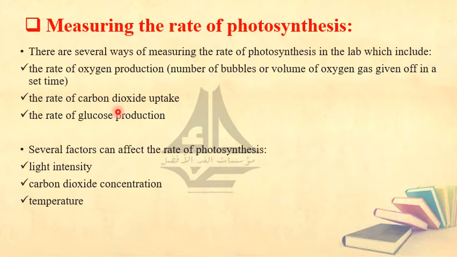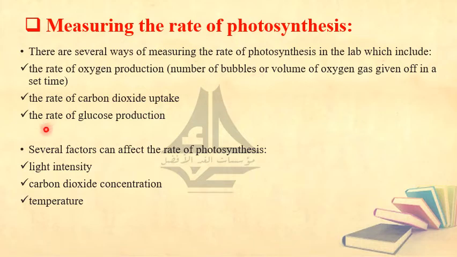You can tell me, since the rate of carbon dioxide is decreasing, this means that this green plant is absorbing carbon dioxide. And since it is absorbing carbon dioxide, in addition to all the available conditions for photosynthesis, this means that this plant is performing photosynthesis by uptaking carbon dioxide and all the essential needs for photosynthesis.